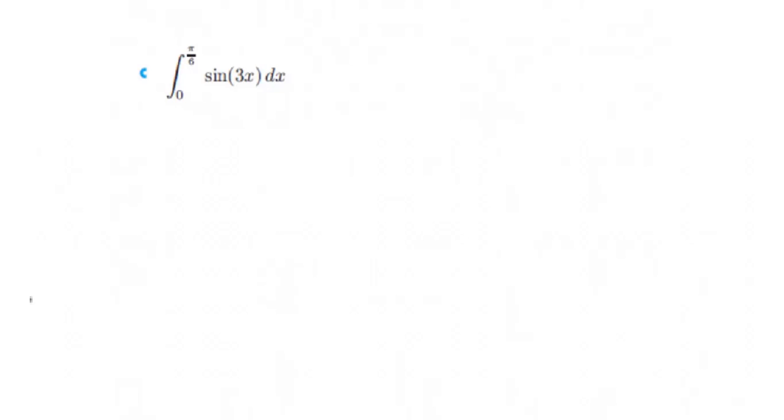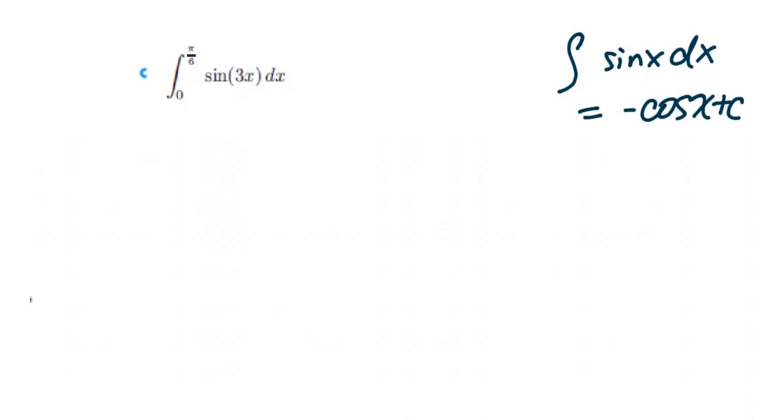For C, since we have a definite integral, sin x dx equals negative cosine x plus c. Therefore, you will get bracket negative cosine 3x.